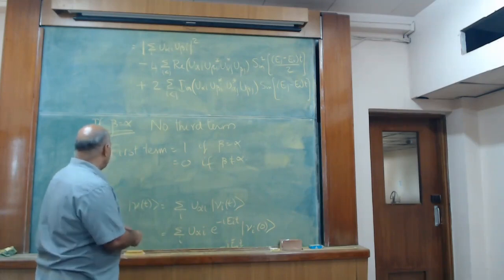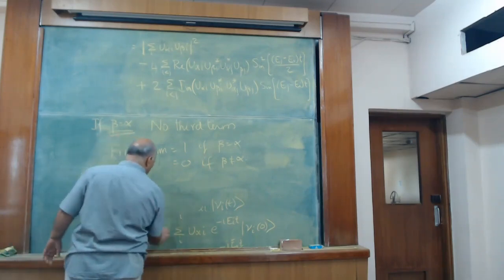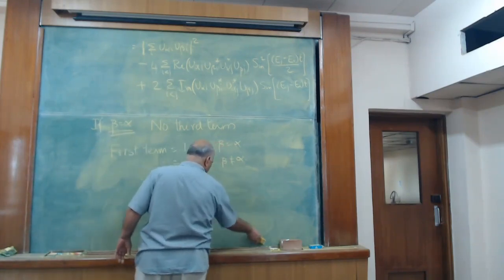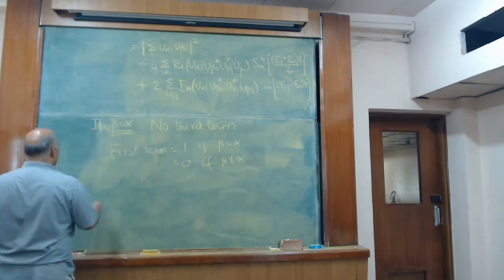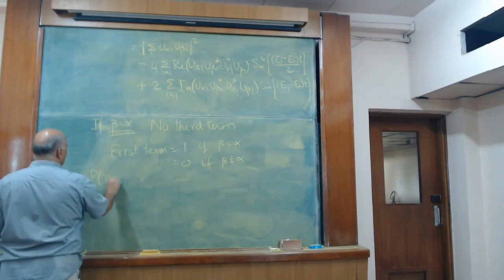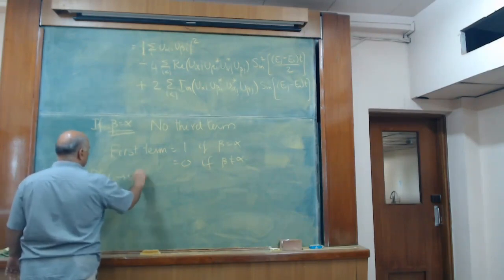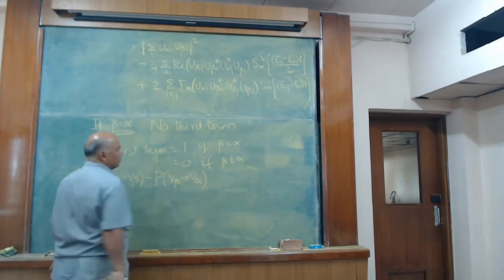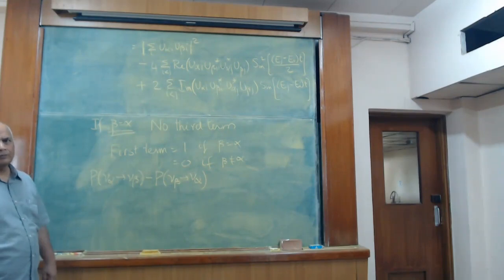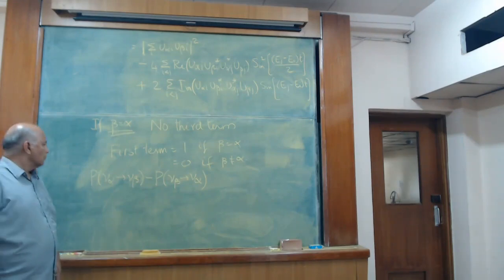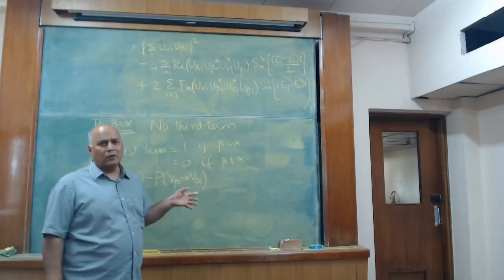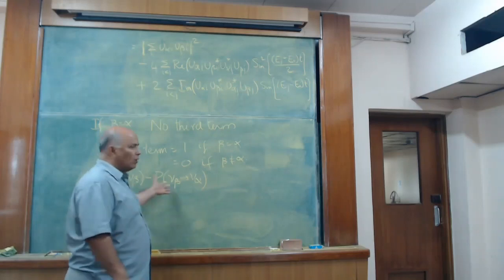Now let us pay some attention to that third term because that has important physical consequences. In particular, let us look at P alpha beta minus P beta alpha. I am assuming that beta is not equal to alpha, because if beta equal to alpha, this automatically vanishes.